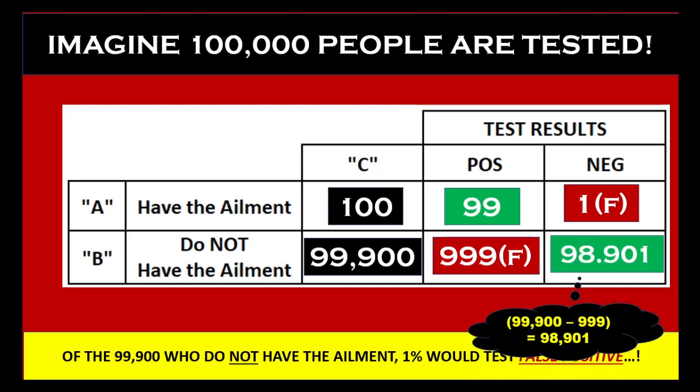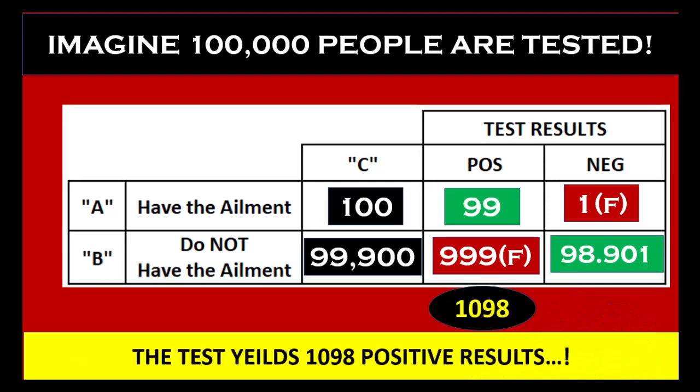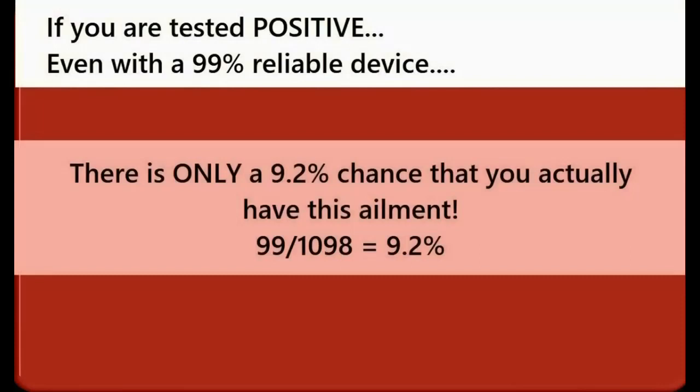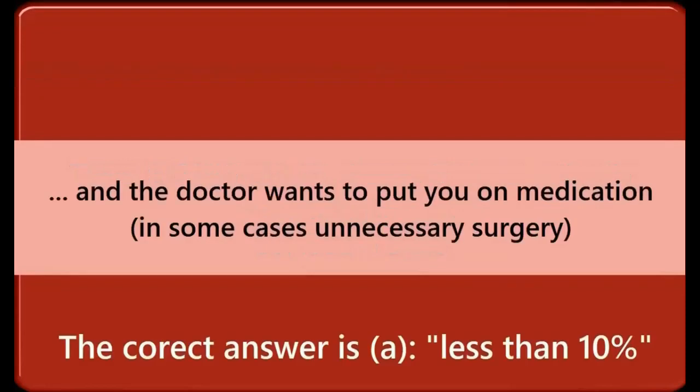The tests yield 1,098 positive results. However, only 99 are true positives. What does this tell us? If you are tested positive, even with a 99% reliable test, there is only a 9.2% chance that you have these ailments. Yes, less than 10%.